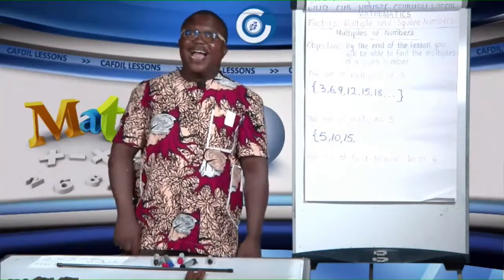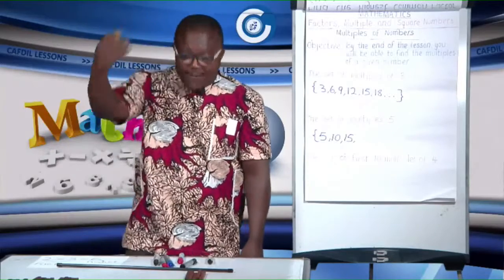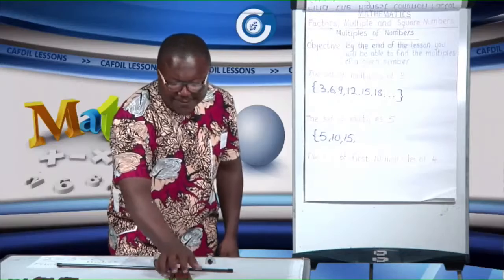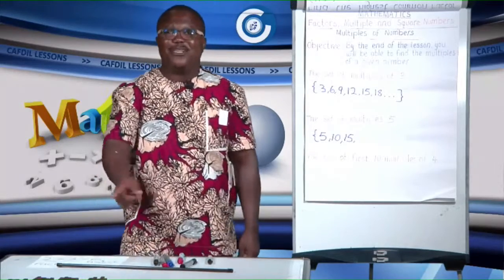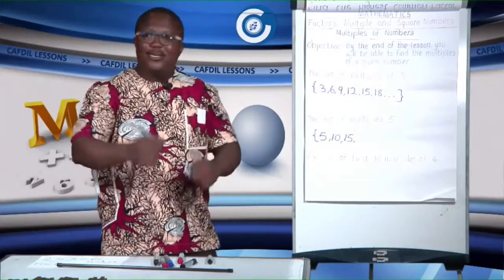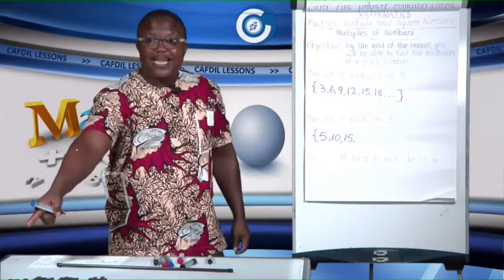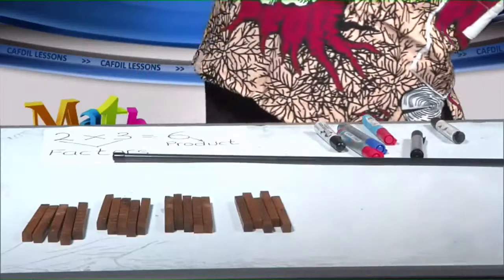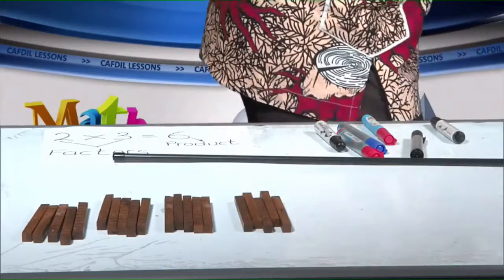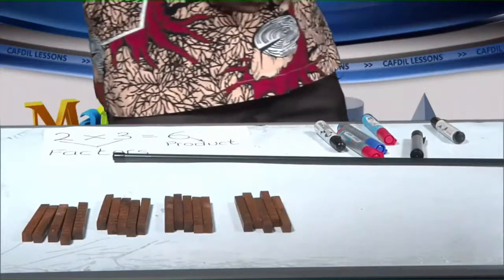Then I'm supposed to add another 5. 1, 2, 3, 4, 5. So when I add another 5 to it, it becomes what? Yes. So how many are there? 20. You see?